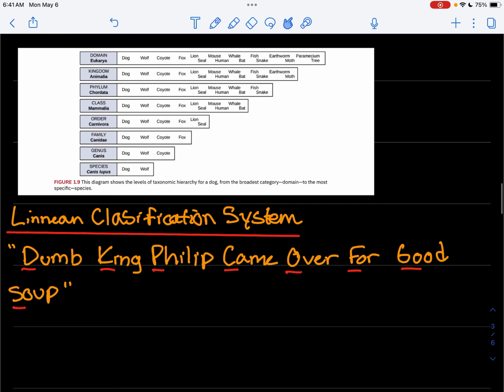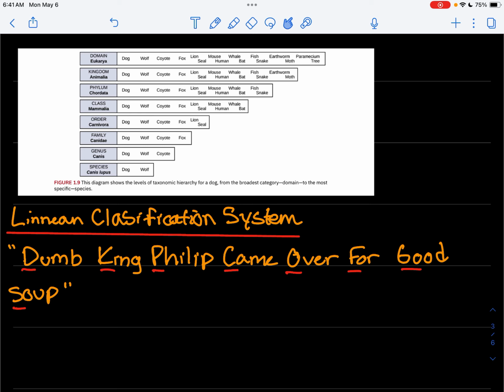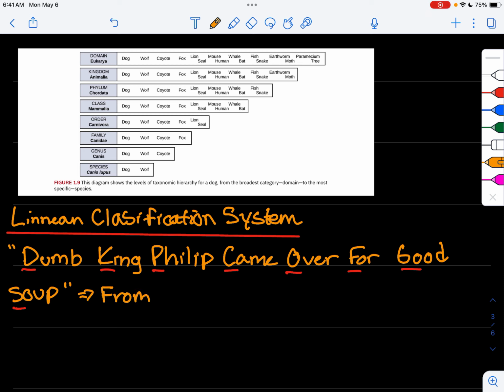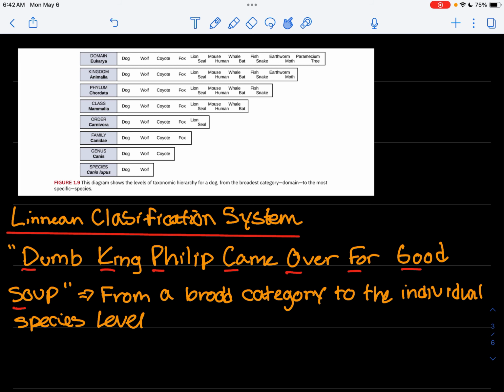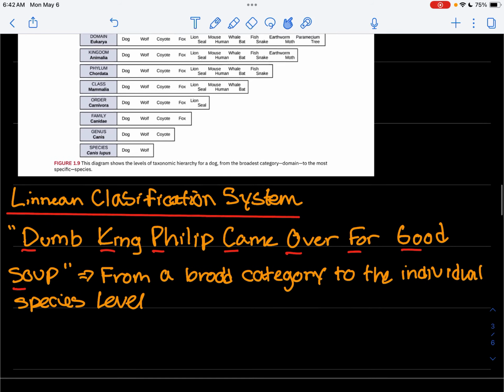So the Linnaean classification system takes things just like everything else in biology from a broad category to the individual species level.